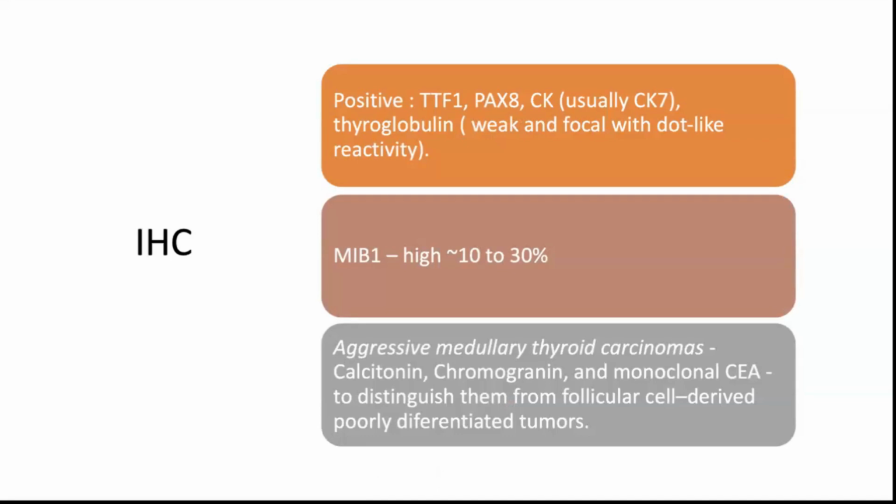Aggressive medullary thyroid carcinoma type features may be present, that is calcitonin, chromogranin, and monoclonal CEA can be done to distinguish them from follicular cell derived poorly differentiated tumors. So they are not PDTC, they are not well differentiated, they are not anaplastic. It's a new entity somewhere between poorly differentiated and well differentiated.